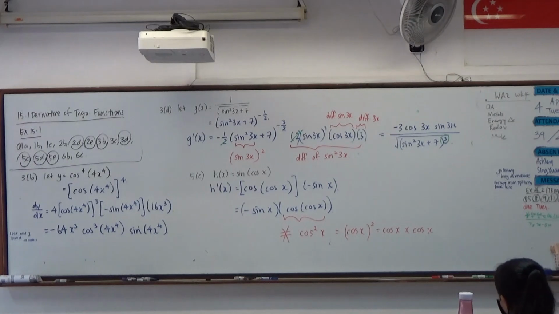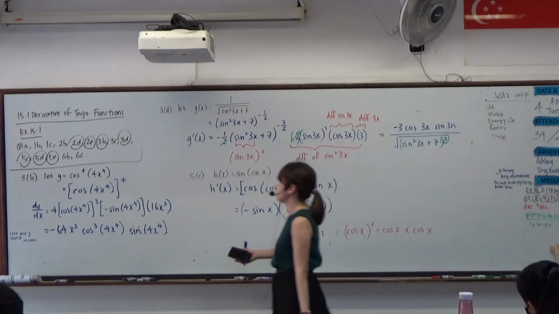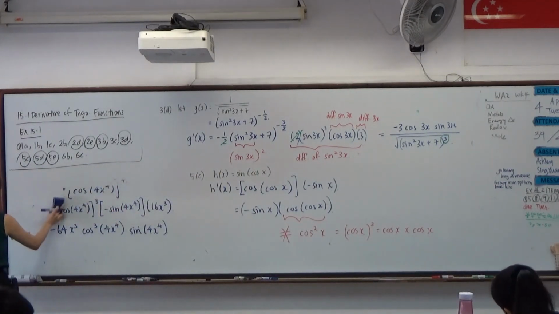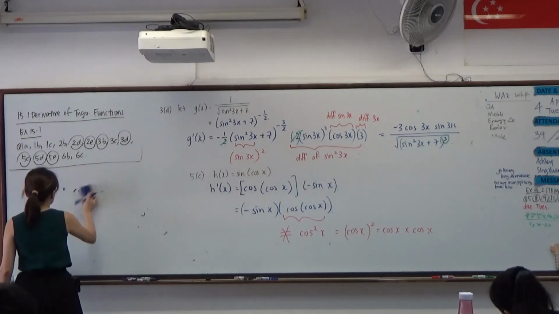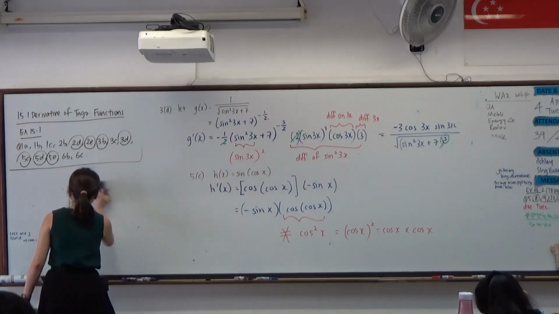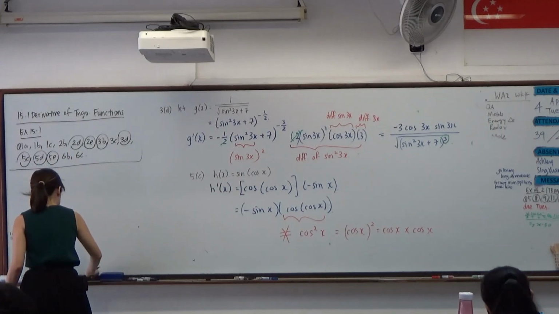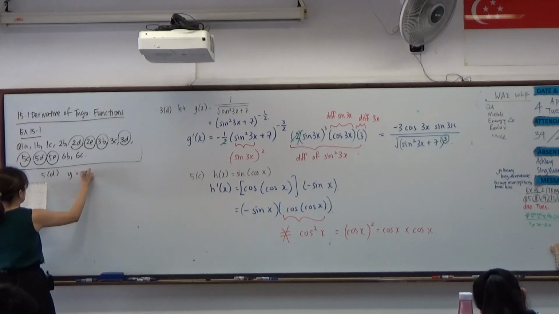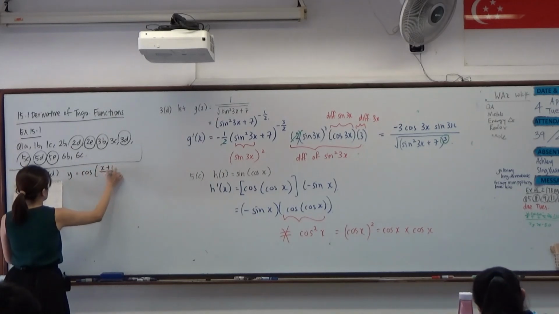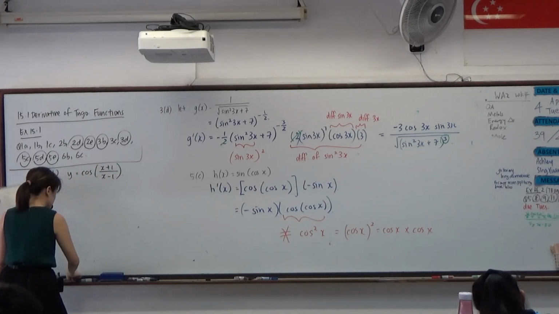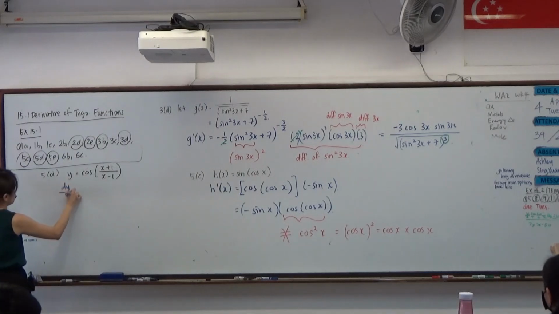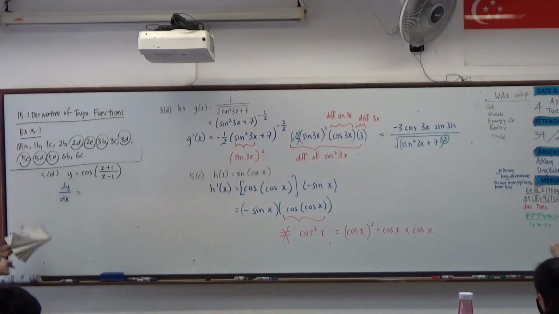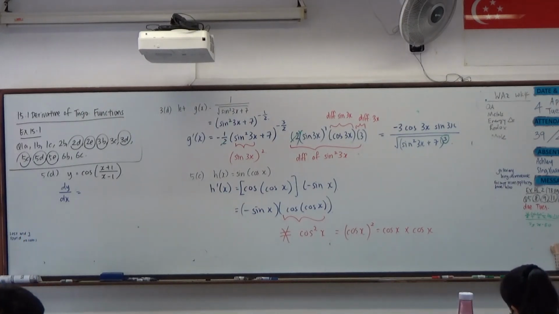And then last two, 5D and 5E. Given our y equals cosine of (x plus 1 over x minus 1), there's no way to simplify the given expression.